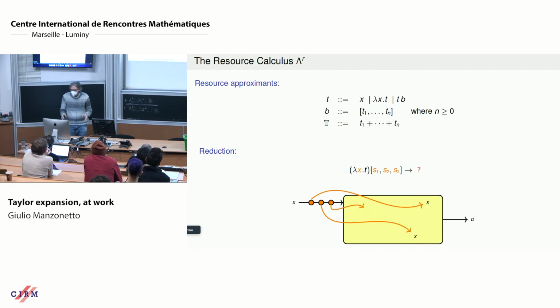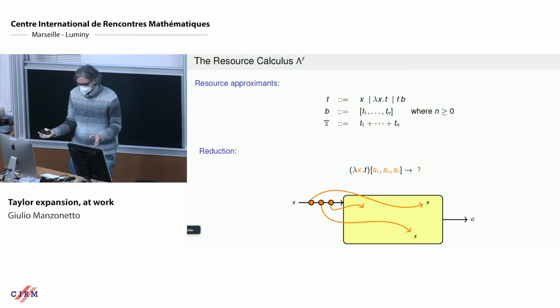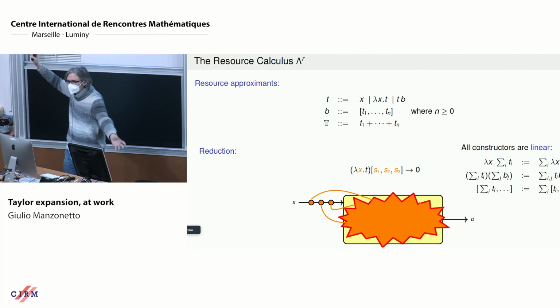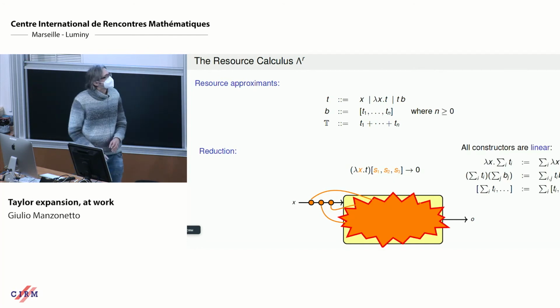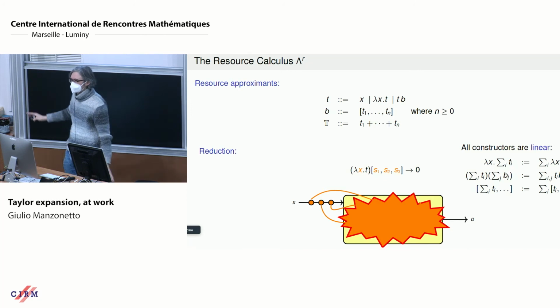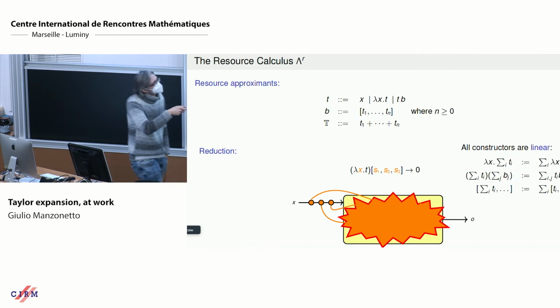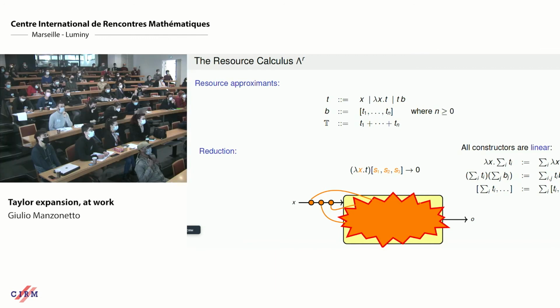But then what happens if here I have 3 terms, but I only have 2 occurrences? Where do I put this one? Since I cannot erase anything, the only thing I can do is to raise an error that destroys the whole program. And this is due to the fact that all these constructors are linear. So lambda abstraction is linear, application is bilinear.